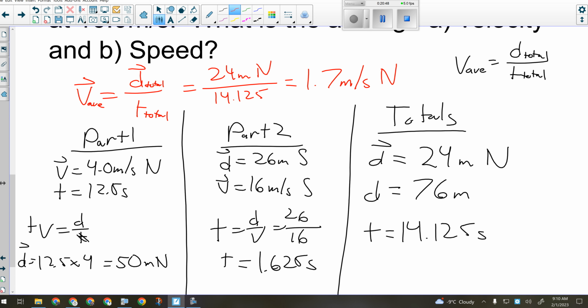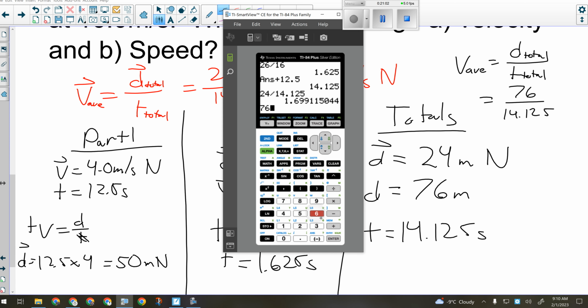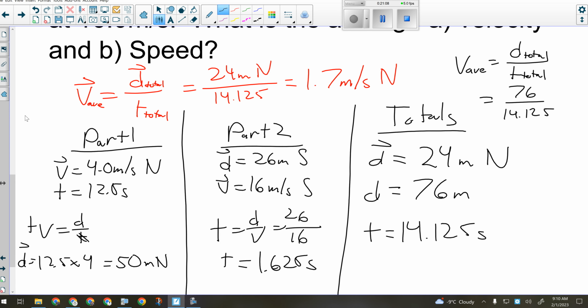And then to get the average speed, I plug in my distance instead of my displacement, so I'd have 76 divided by 14.125. So we got 5.4 meters per second, and no direction on that because speed is scalar.